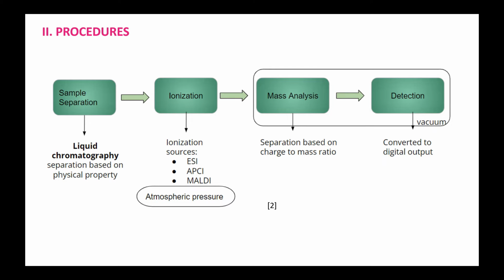Different components end up traveling at different rates as a result of interaction with the stationary phase, so they become separated. As mass spectrometry measurements are based on mass-to-charge ratio, ionization is essential so that samples become either positively or negatively charged. There are three ionization techniques visible here that are mostly used.